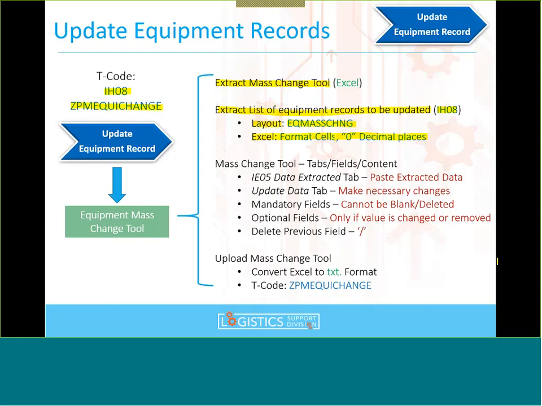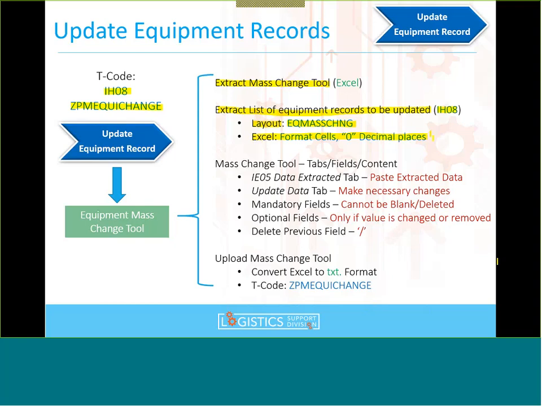Okay, and what this stands for here: format cells, 0 decimal places. It's also found in the actual job aid, and this job aid is not the one for physical verification, but it's the one related to equipment mass change.